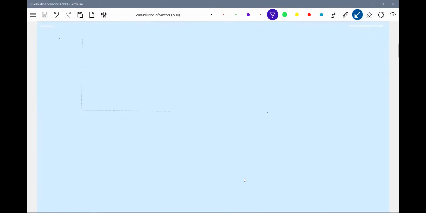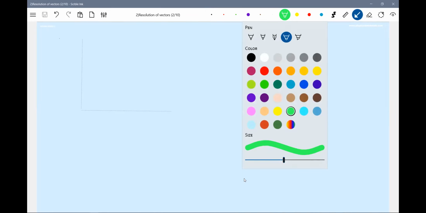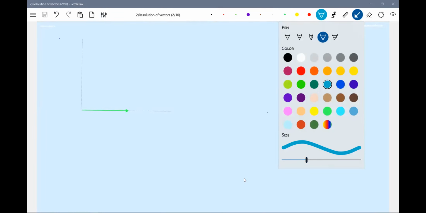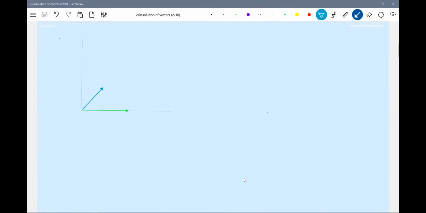Let this be vector a bar, which is along the x-axis, and let there be another vector b bar, which is making a certain angle theta of 30 degrees.